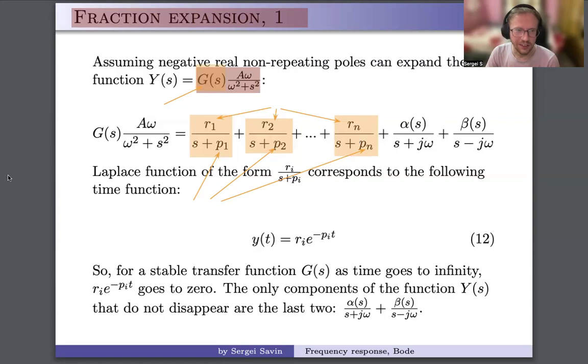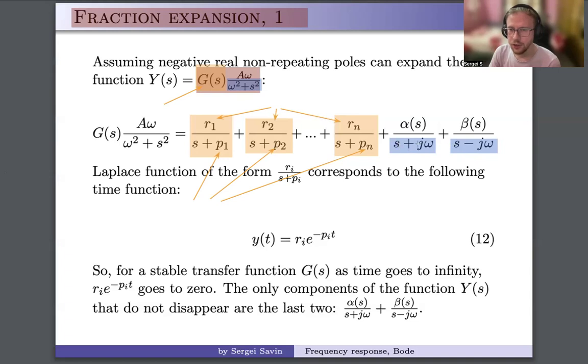Now, the final part is this guy here. This is the part of the fractional expansion that has to do with the sine input. How can I justify this? Well, this times this would give us omega squared plus s squared. Here, j is a complex number, the square root of minus 1, right?